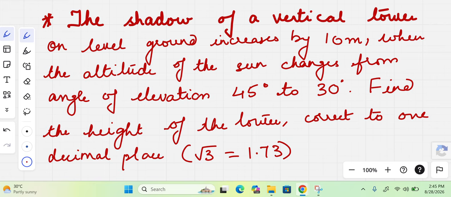Ma'am, is that 10 meters or 16 meters? It increases by 10 meters.